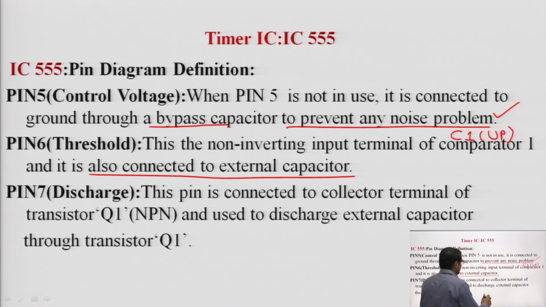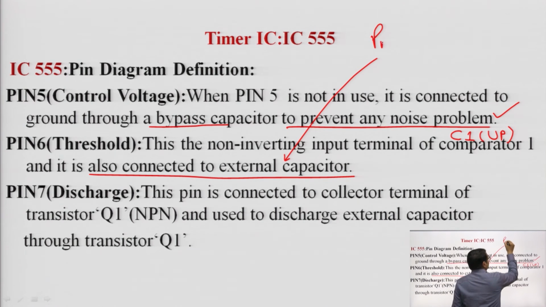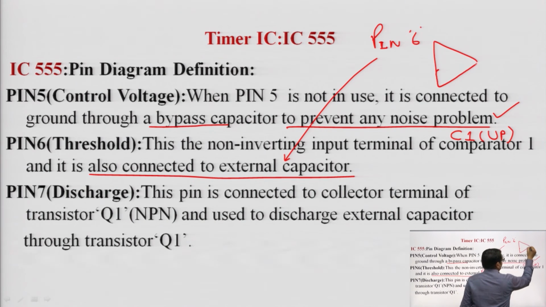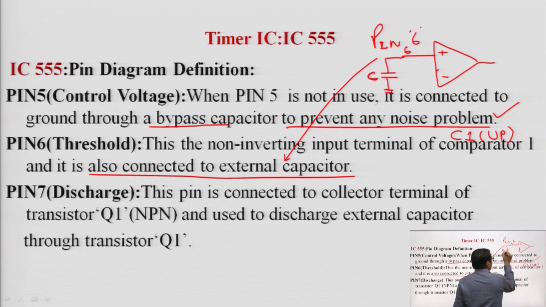For example, if you see pin number 6, it is the plus terminal, and this will be connected to the external capacitor C. Let us suppose this capacitor is charged through a power supply plus VCC, and this value is fixed.